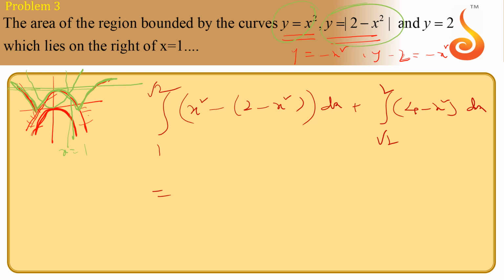Okay, so these are the transformations, then the graph, and the right side of the line x equals 1 means, so if you want me to put it in one graph, this is the graph.